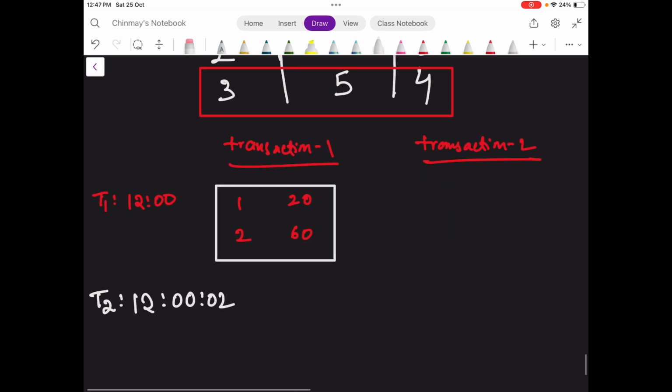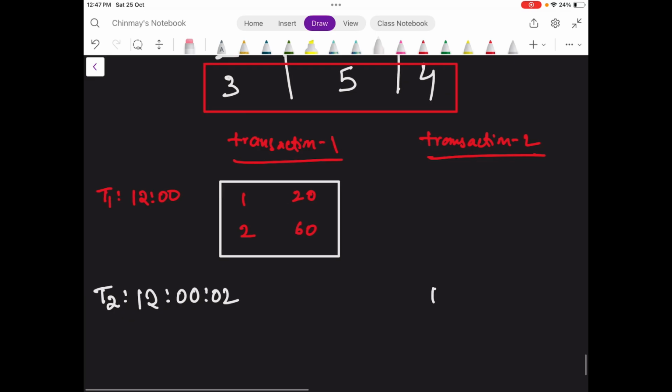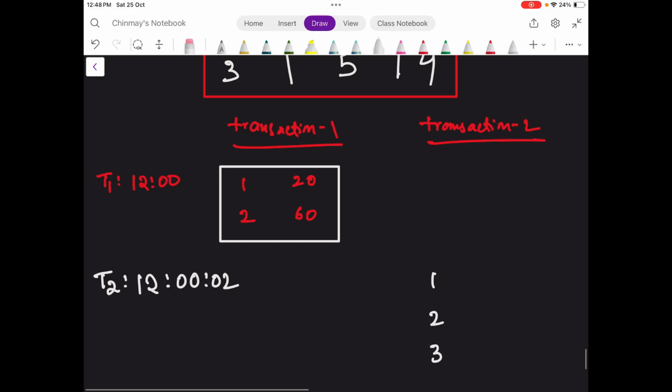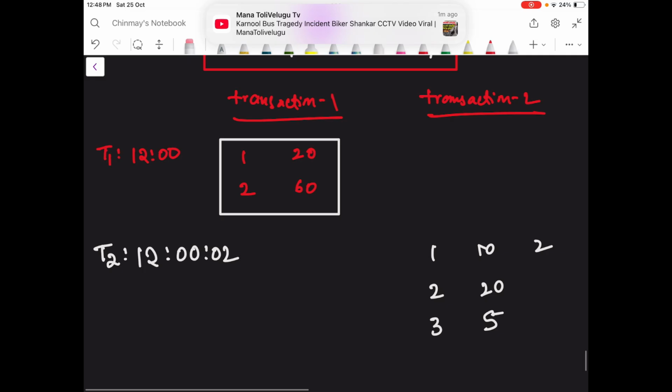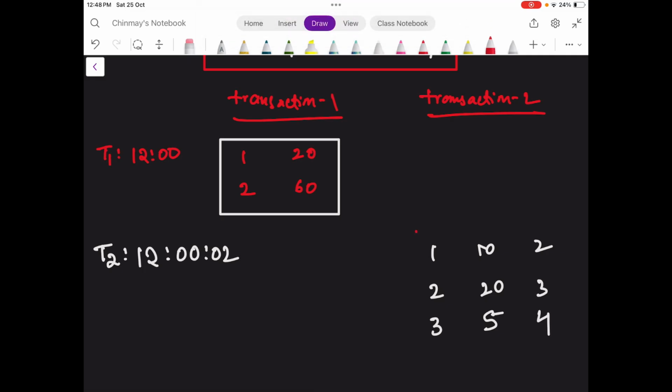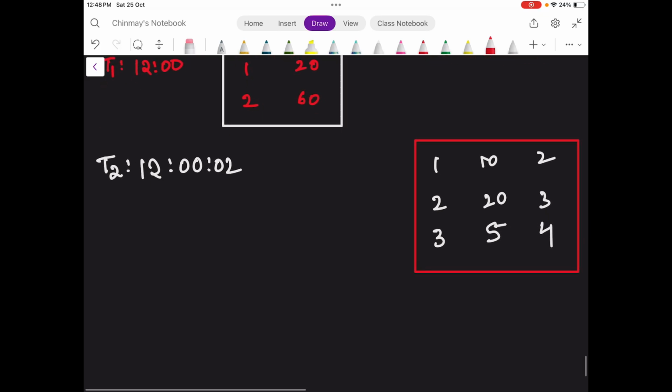What is the output here? 1, 2, 3 in the table, with quantities 10, 20, 5 and prices 2, 3, 4. This is transaction 2.